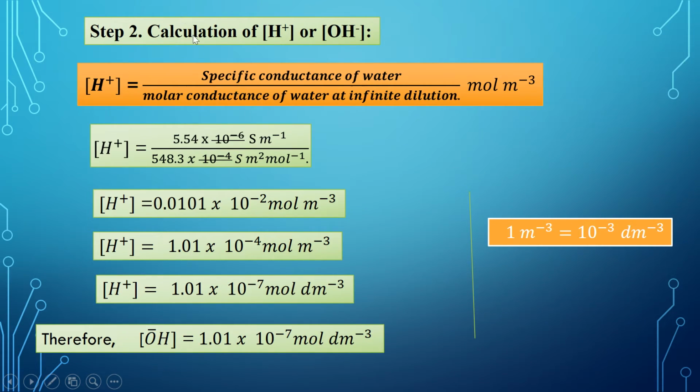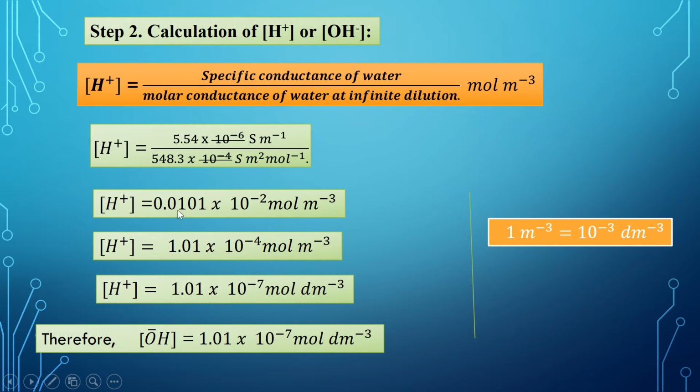Now calculate H plus or OH minus ion concentration in step 2. Specific conductance of water is given, that is 5.54 into 10 to the power of minus 6 Siemens per meter, and molar conductance of water at infinite dilution is 548.3 into 10 to the power of minus 4 Siemens meter square per mole.